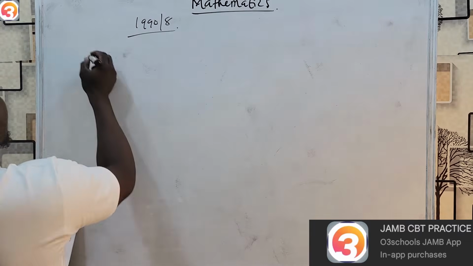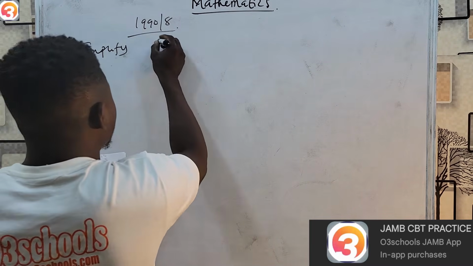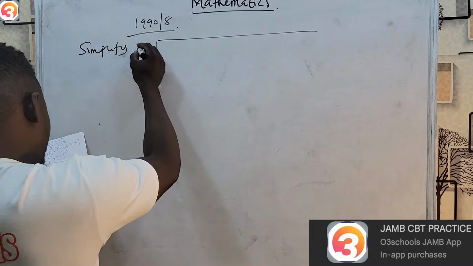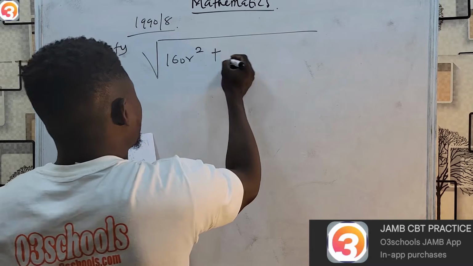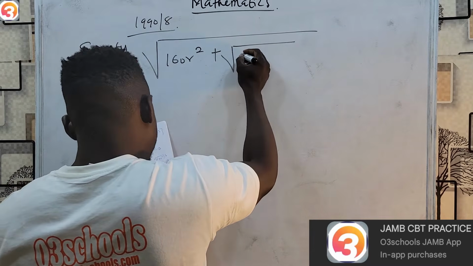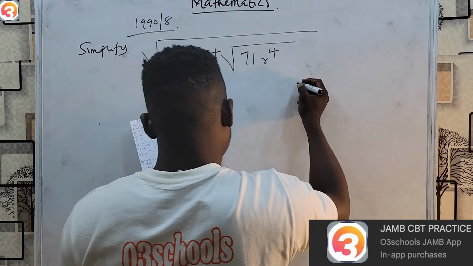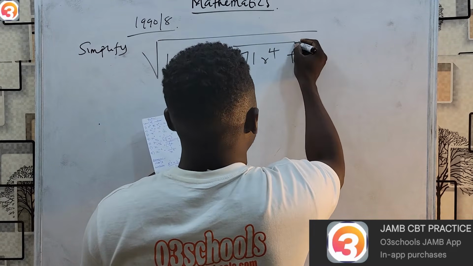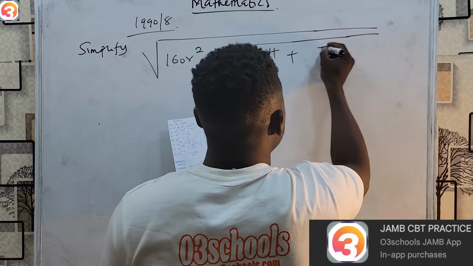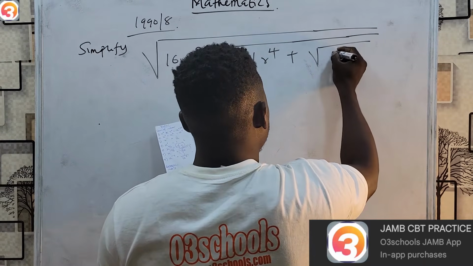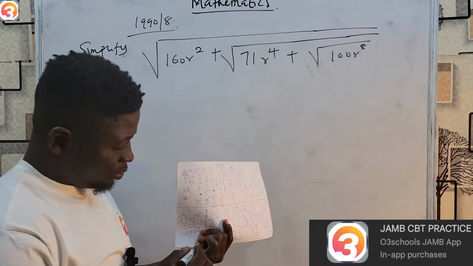The 1990 question says: simplify. We're given this long square root of 160 r square plus you have another square root inside, 71 r raised to the power 4, right? Plus, you see, this square root is inside here, then plus there's another square root here, 100 r raised to the power 8.